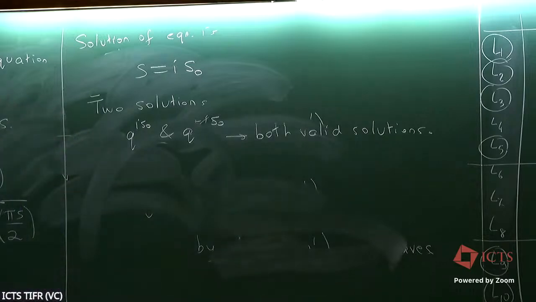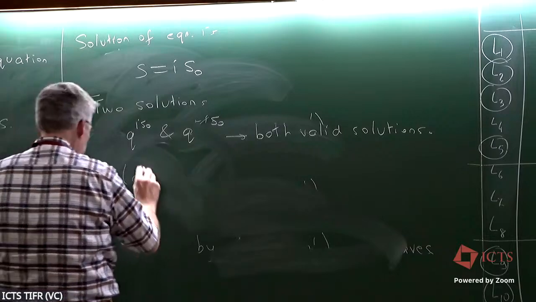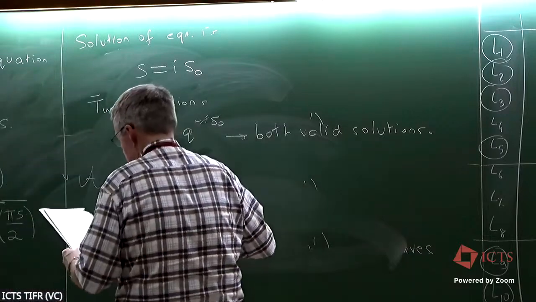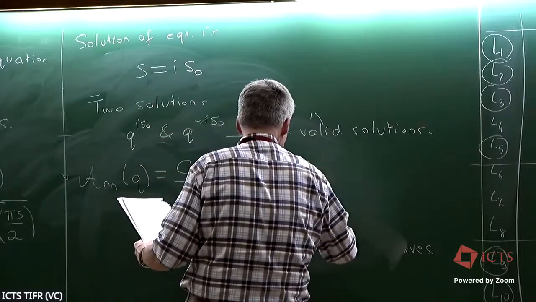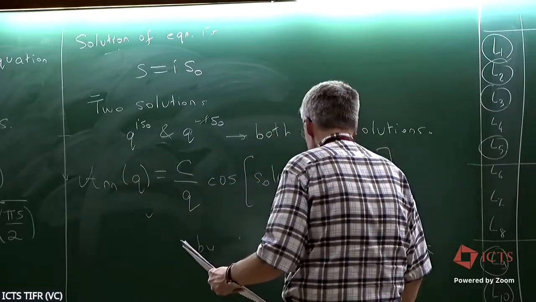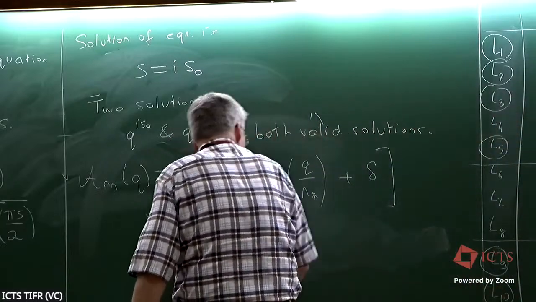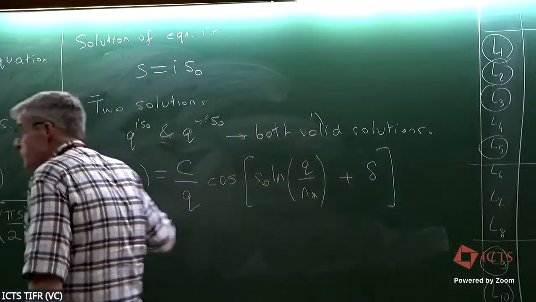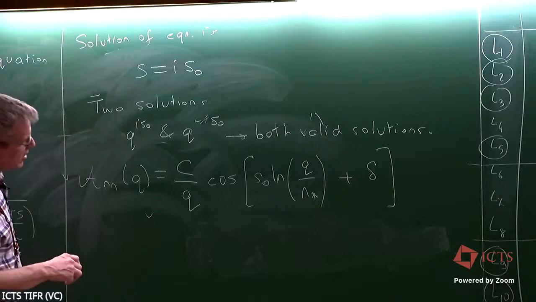And now we need some piece of information to choose the appropriate linear combination of these solutions. So the asymptotic solution for A_N looks like this. It has this logarithmic form because it's going to repeat, which means it's going to repeat when I multiply q by e to the pi over s_0, is that right?